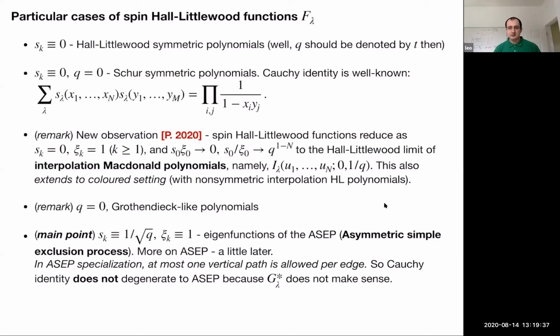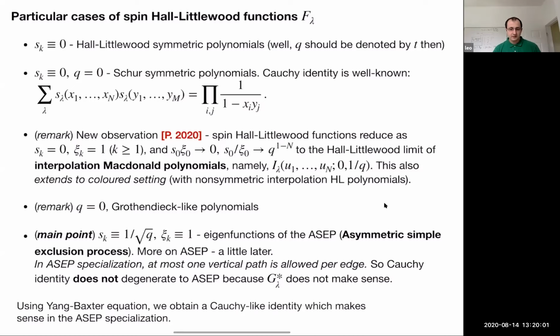And this implies that the function G lambda star doesn't make sense, because in G lambda star, one of the boundary conditions was a clustered boundary condition where you have all the arrows exiting through the same vertical edge. So in fact, you can use the Yang-Baxter equation to actually obtain a Cauchy-like identity, which makes perfect sense in the ASEP specialization. So this is what I'm going to explain next.